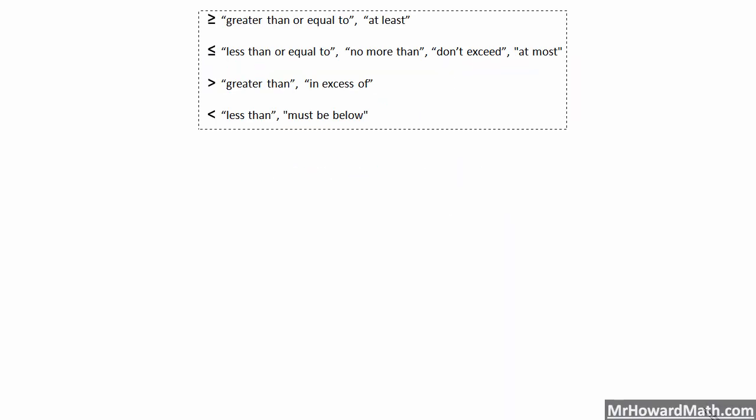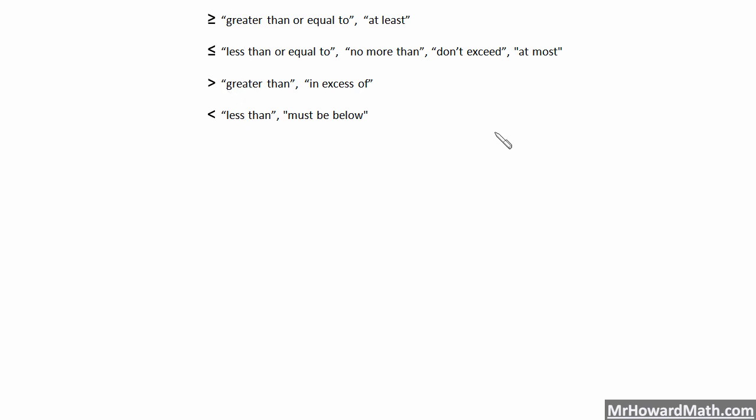In this video, part 2 of our inequality basics, we'll look at some inequality phrases. You see those right up here, and you can see these in various word problems. This is preparing you to spot phrases in word problems that let you know you need to set up an inequality as opposed to an equation, which is the opposite of an inequality, and an equation is when things are set equal to one another.